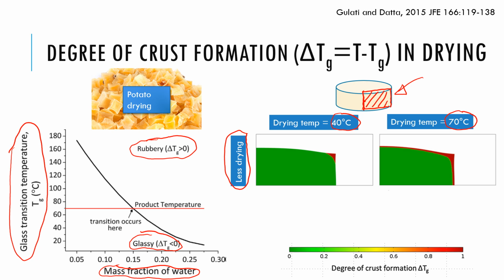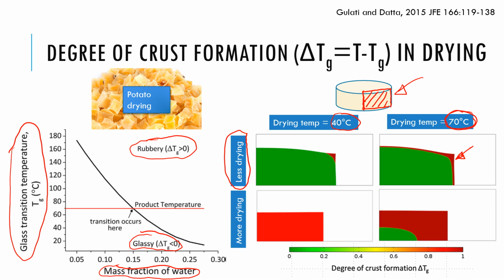What we see is for the higher temperature drying, there is more of this crust formation on the outside, which is the measure of quality, as I was discussing earlier. So the process physics alone gives me this measure of quality.